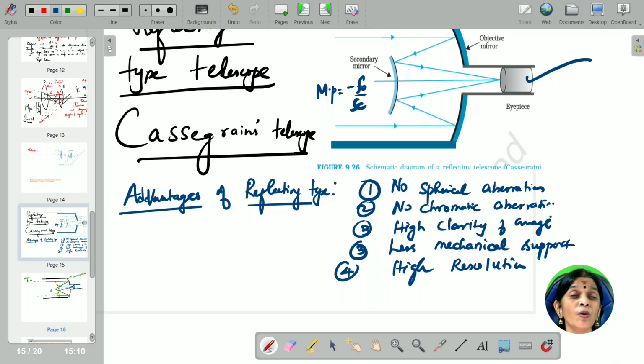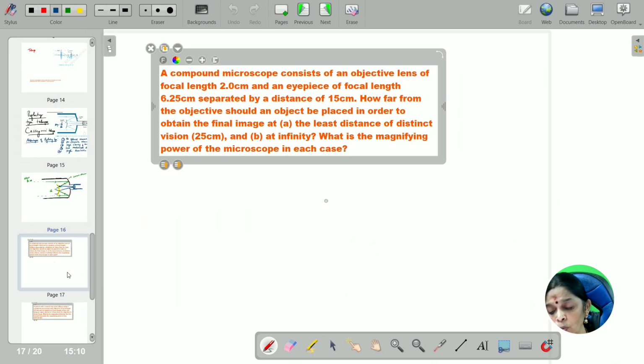So far we have learnt all these optical instruments. Now quickly let us see one question based on that. I will give you a hint which you can do by yourself. At least one part of the question we will see. A compound microscope consists of an objective lens of focal length 2 centimeter and an eyepiece of focal length 6.25 centimeter.